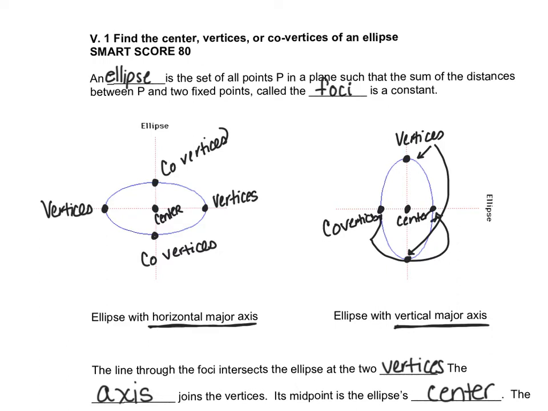Covertices are on the minor axis, the shorter axis, and vertices are on the major axis, the longer axis. We're not going to hit too hard on it in this section, but the foci are on the major axis, and we'll figure out how to find that distance. Over here, the foci are also on the major axis. But for this section, we're just concentrating on center, vertices, and covertices.